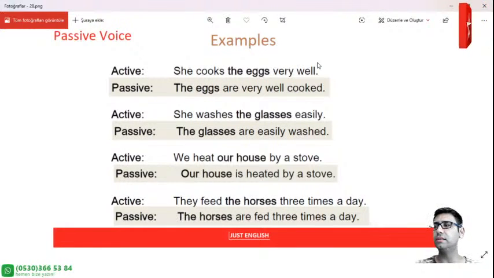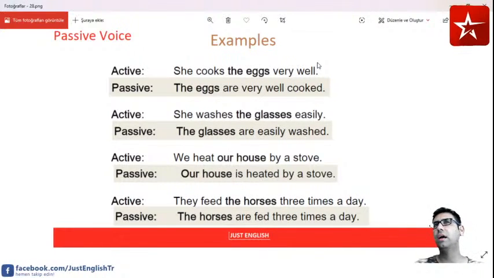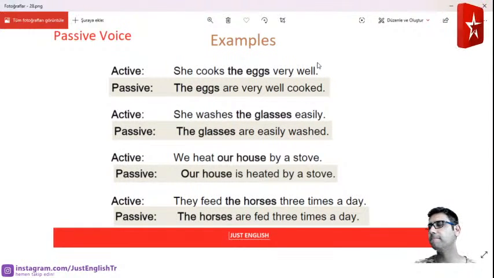The example is the house heated by a stove. That's not that the house is doing the thing. That's a past participle.